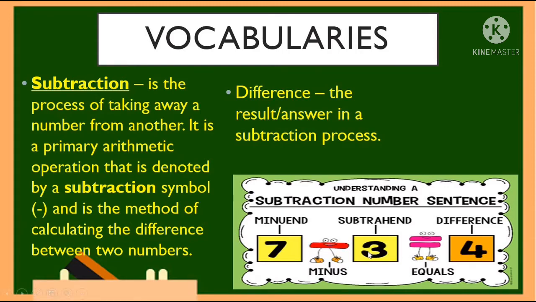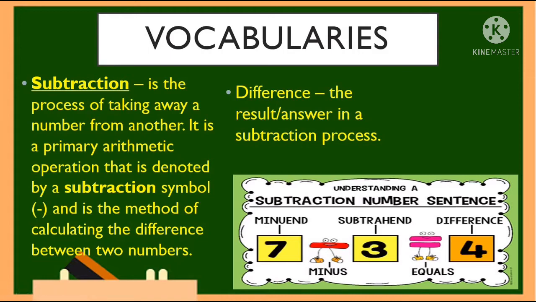Alright? And then the lesser number is what we call the subtrahend. Subtrahend. Can you say it for me, please? Subtrahend. We have the minuend, the greater number, and the subtrahend, the lesser number.